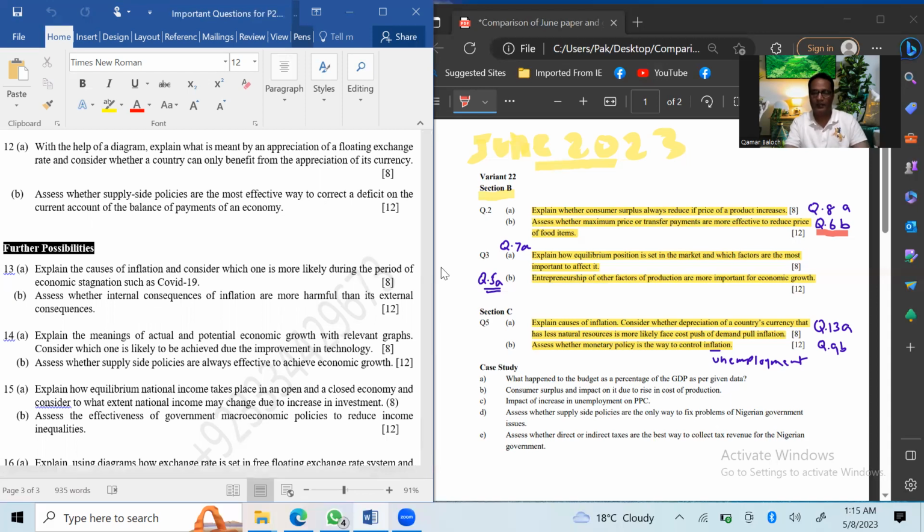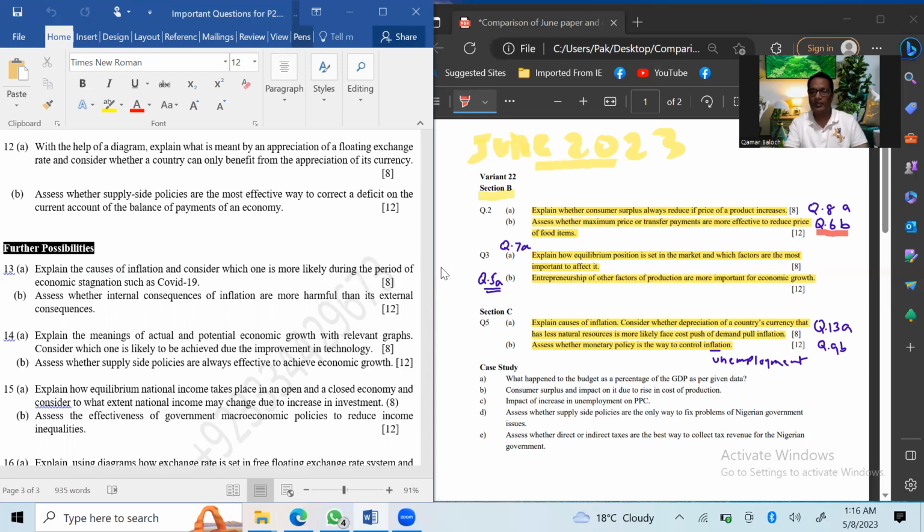When an economy has lesser resources, it means it will possibly face cost push inflation because of more reliance on imported raw material, imported oil, and technology and tools, etc. So for 2 marks, you will have to relate it to the other factors, whether it will cause demand pull inflation or cost push inflation.